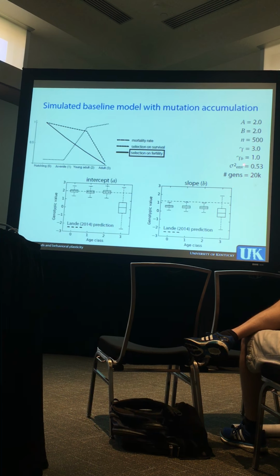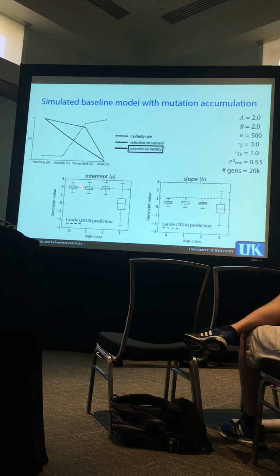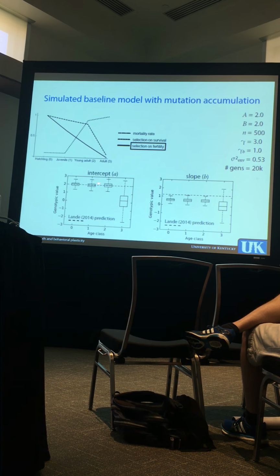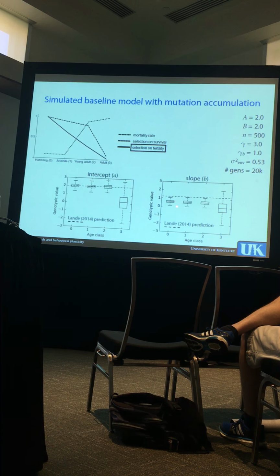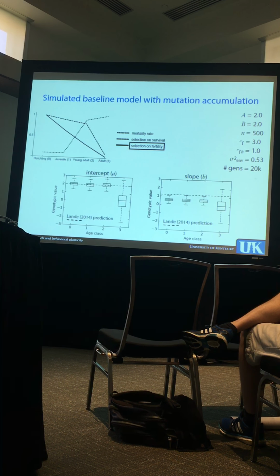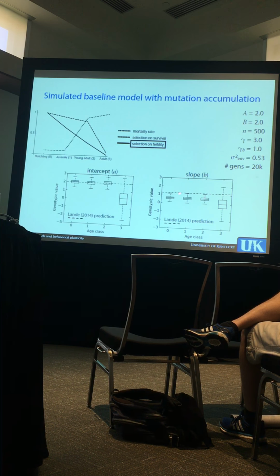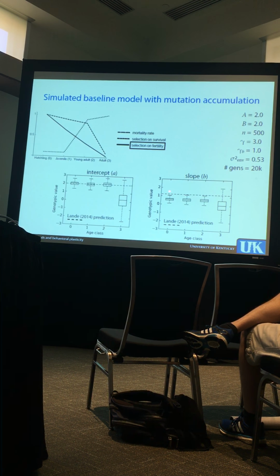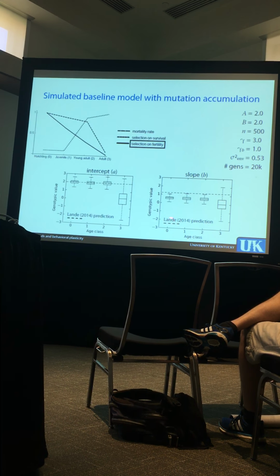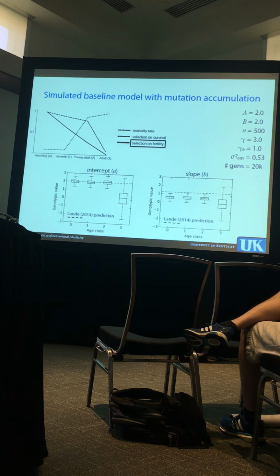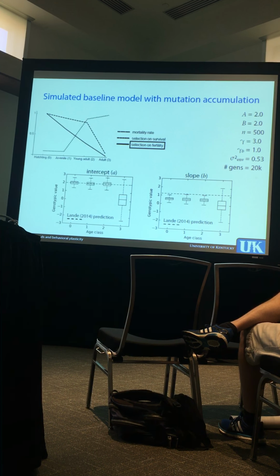If we then allow for some cost of plasticity, there's more variance in the intercept, and we've reduced our ability to evolve towards the optimal slope of 2. In fact, we're even below the level of plasticity that we would predict from Lande's original model, which didn't have any age structure.